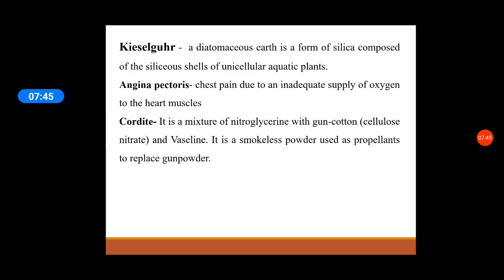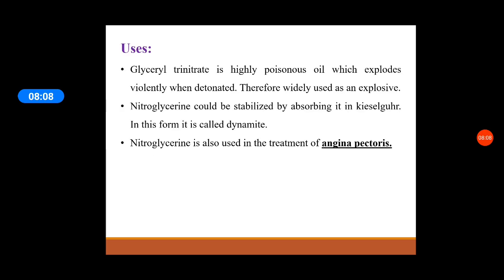It is a form of silica which is obtained from the siliceous cells of unicellular aquatic plants. Usually these unicellular aquatic plants are present in sea water. From that, a compound like silica is obtained, and that is called Kieselguhr. After stabilizing it in Kieselguhr, this is called dynamite.